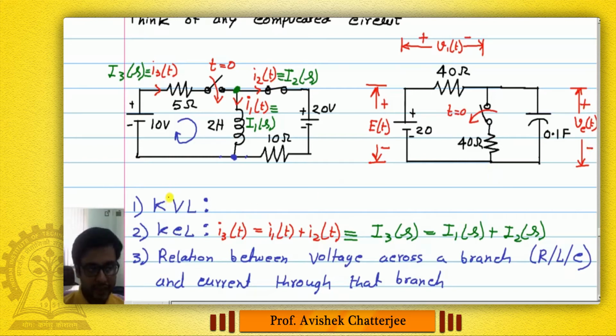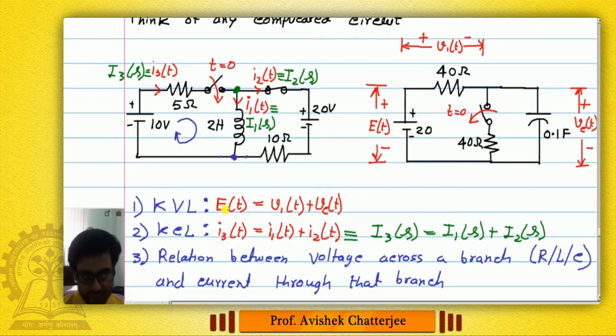Then you can write Kirchhoff's voltage law in this outer loop as e(t) equal to v1(t) plus vC(t).